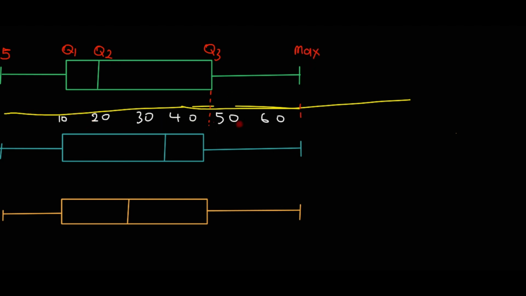So automatically you draw the scale, and after that you look at what the minimum is, and then on that number line above you draw this line, and then you draw Q1, you draw Q2 based on their numbers.